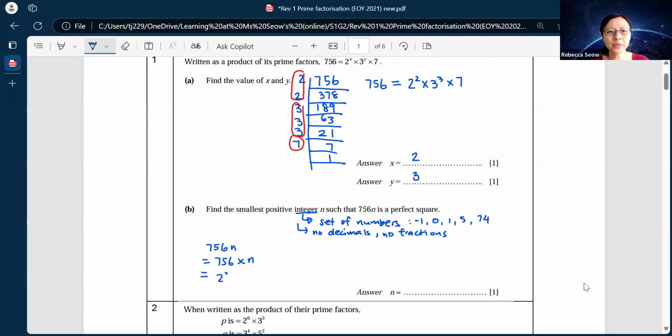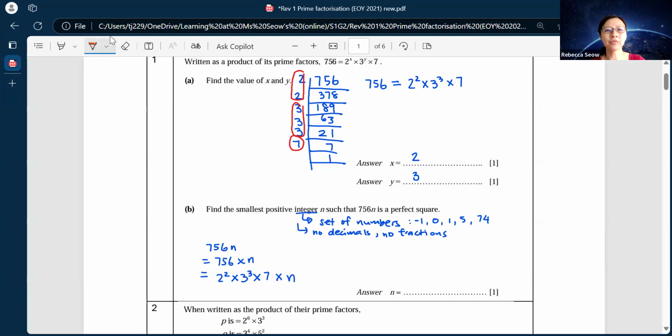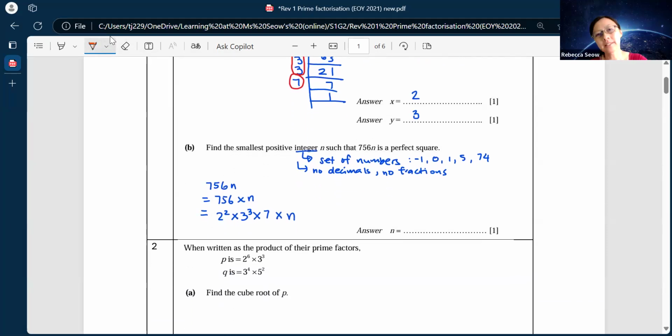So I will replace it with 2 squared multiplied by 3 cubed multiplied by 7 multiplied by n. Now we should be able to find the value of n. Let's see. It is a perfect square. So perfect squares means that for each and every one of the prime factors, the powers, which is the number at the top, have to be a multiple of 2.